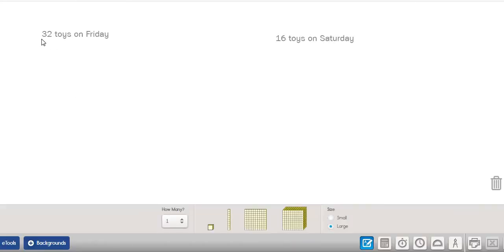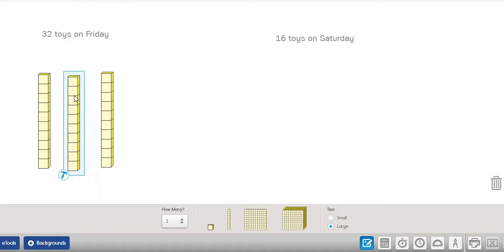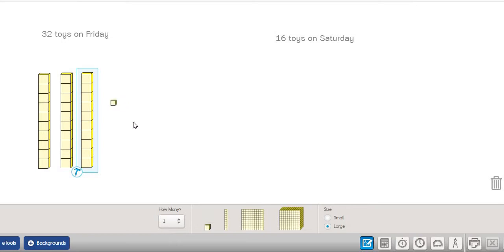The first number is 32 toys on Friday. We have 3 tens, so we need 3 rods. 1, 2, and 3. Now we have 3 rods. And we have 2 ones, so we need 2 cubes.